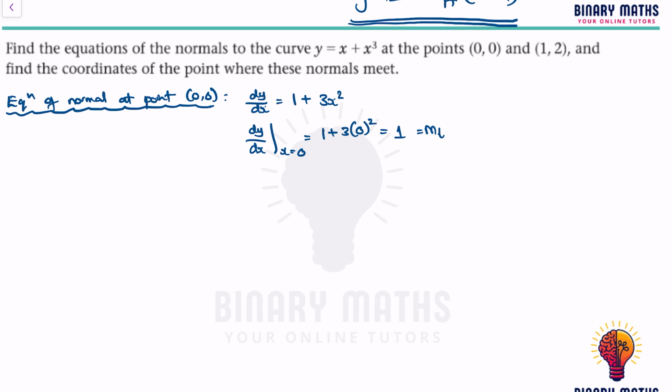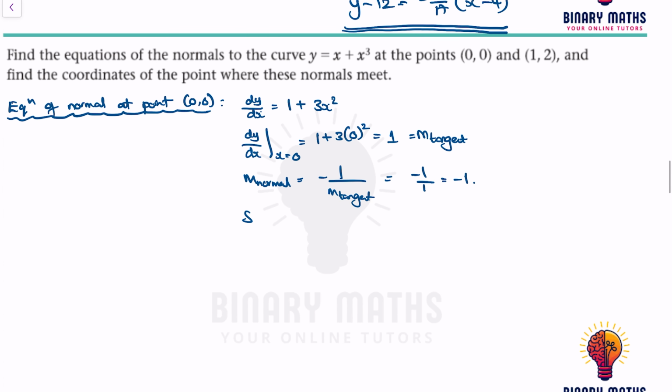Remember, this is the gradient of the tangent, but we're looking for the gradient of the normal. So gradient of normal is a negative reciprocal of the gradient of the tangent, which is equal to minus 1 over 1, which is equal to minus 1. So we've got the point 0, 0.